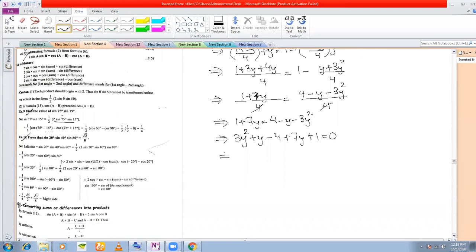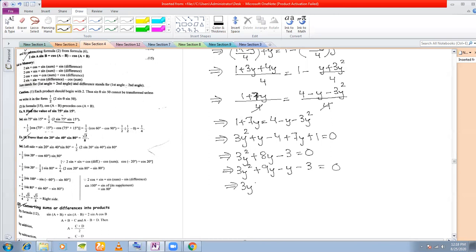Now I get 3y square plus 8y minus 3 equal to 0. Now we'll solve this quadratic. 3y square plus 9y minus y minus 3 equal to 0.